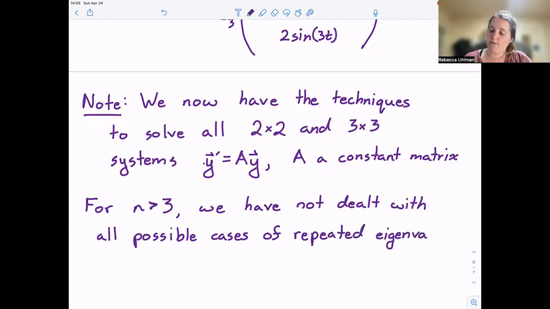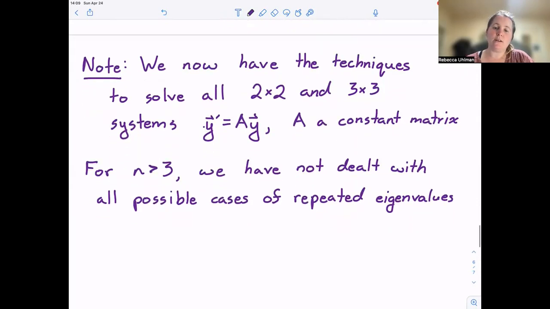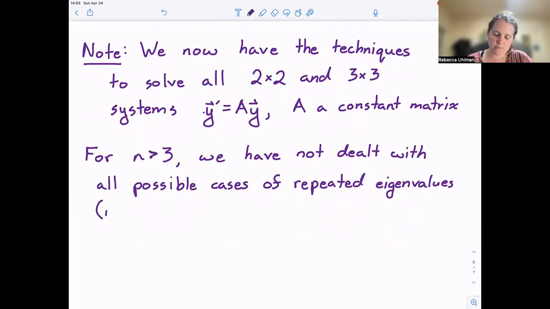And this time around, for n greater than 3, we also have to include repeated complex eigenvalues.